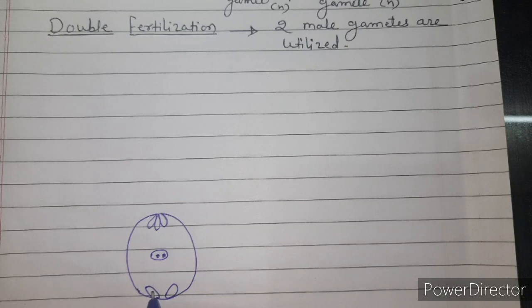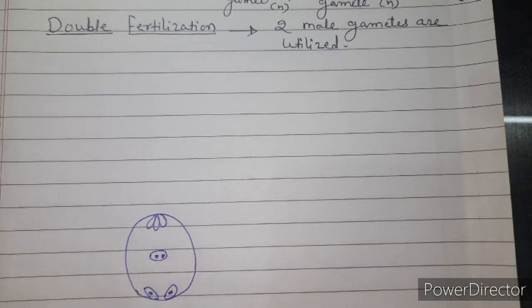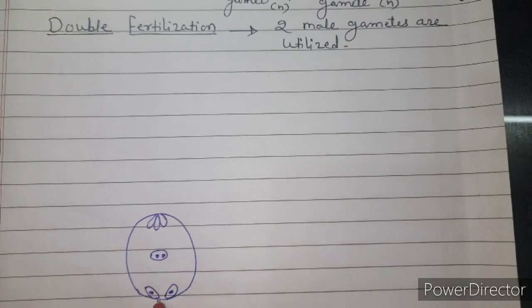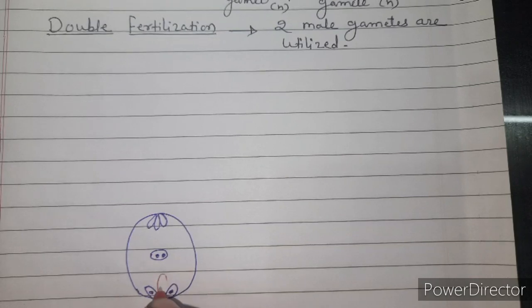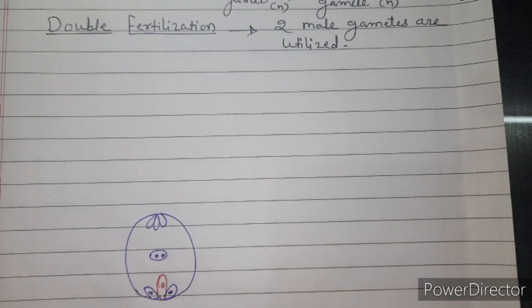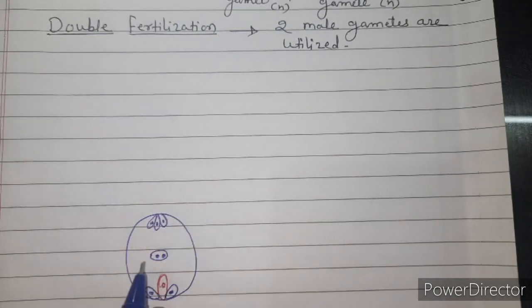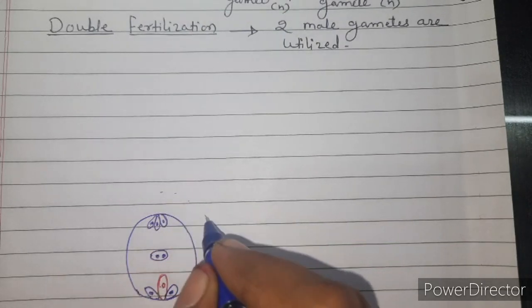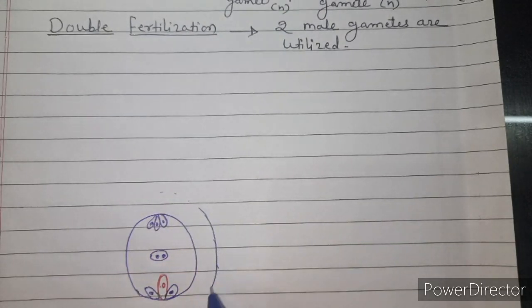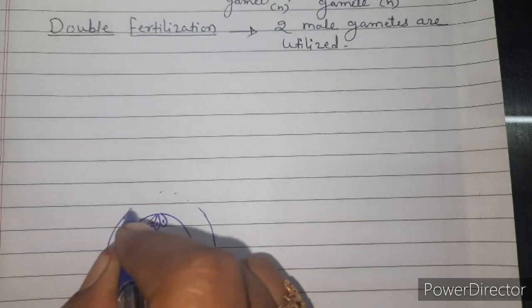All of you know the embryo sac. It is a 7-celled, 8-nucleated structure. This one is the egg. Now, these three are antipodal cells. The diploid nucleus is there, and this is the nucellus.